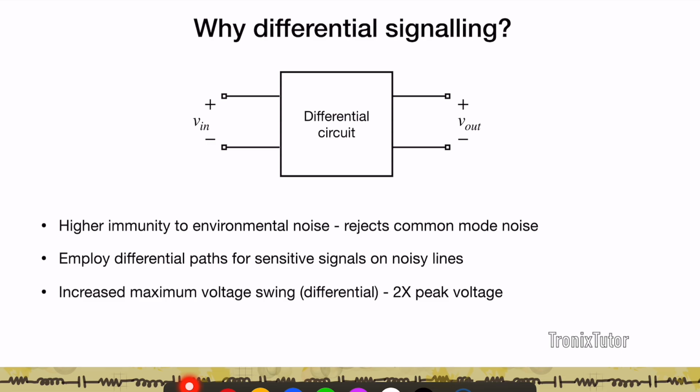And finally, having a differential output allows you to have a larger voltage swing because each of these outputs can swing to the full peak to peak voltage. So if I have a differential output, I can essentially get 2 times the peak voltage in my output swing.